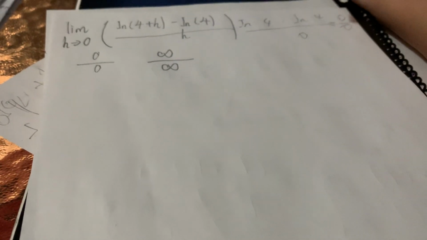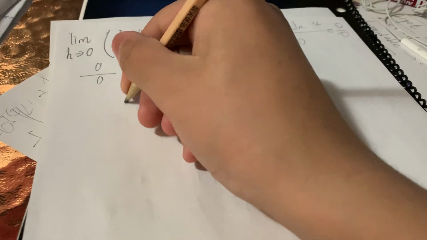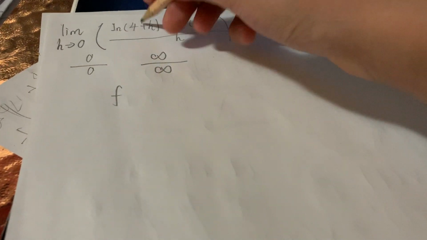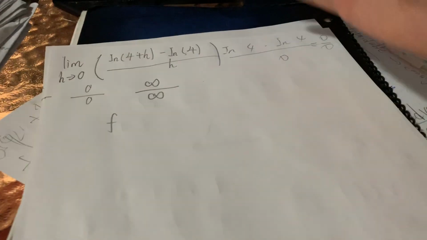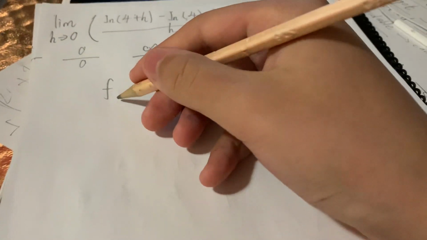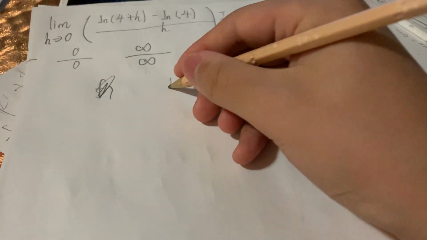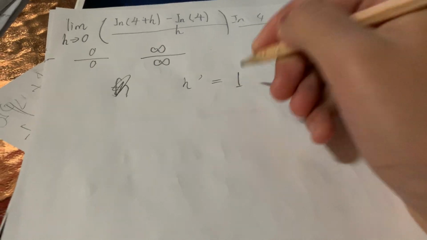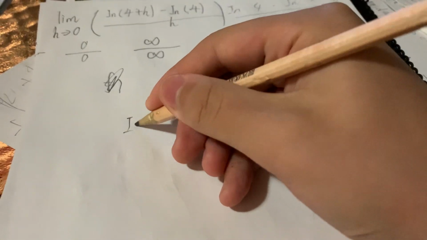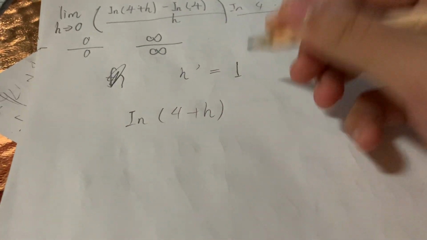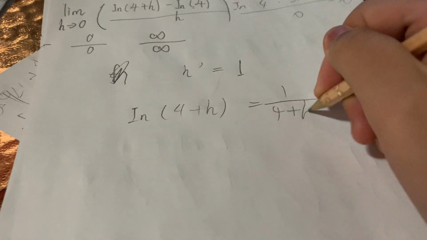Let me think. In this case, after we confirm L'Hopital's rule applies, we only need to calculate the derivative of all this and put 0 in the derivative directly and we are done. So the derivative of h is 1. The derivative of ln(4 plus h) is 1 over 4 plus h.